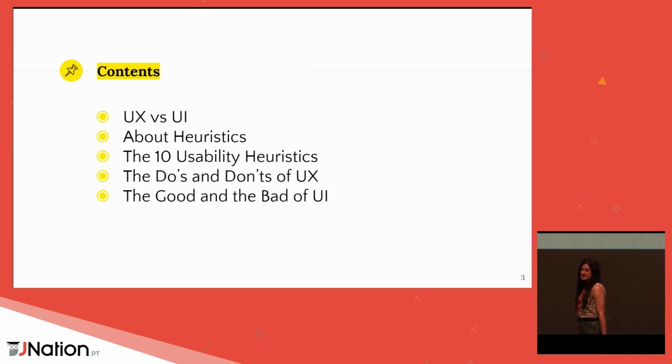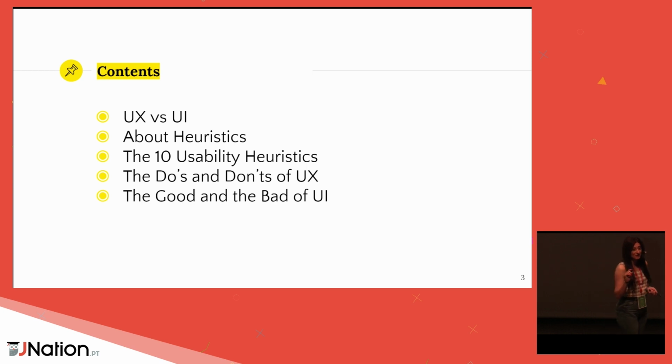And let's see what we are going to talk about in this session. First, we are going to talk about UX and UI. UX, user experience, UI, user interface. We are going to see those two terms from the perspective of the user and the perspective of the developer/engineer.